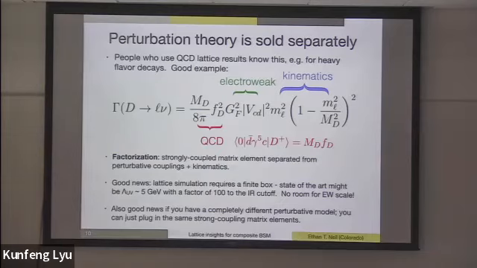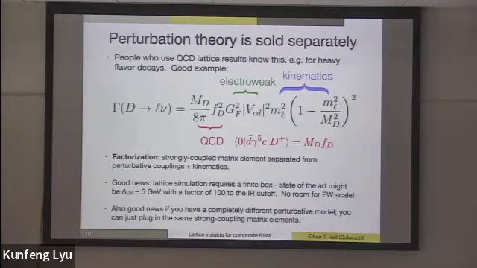And this is really good news for people who do lattice QCD, because it means you don't have to include everything. You just isolate the strong dynamics. If you want to study, say, electroweak physics, you don't need to include the electroweak scale within your box, which you really can't using modern state-of-the-art computing. There's just not room to fit the QCD scale and the electroweak scale. But you don't need to.